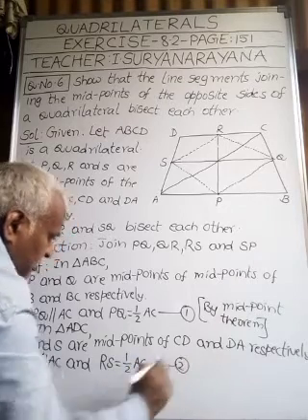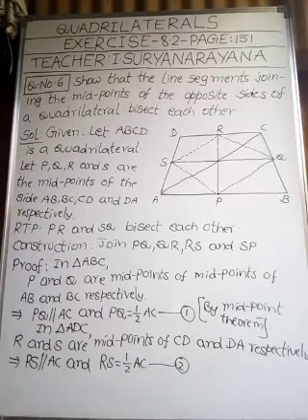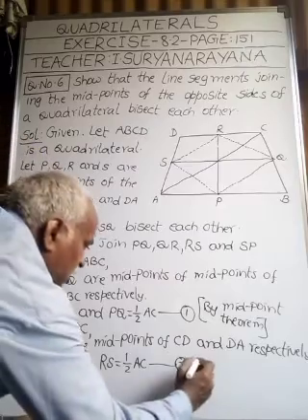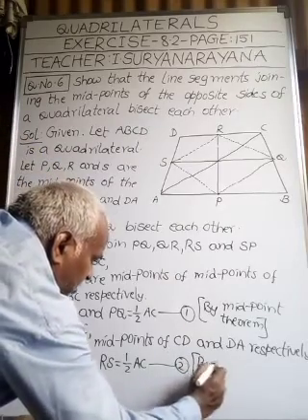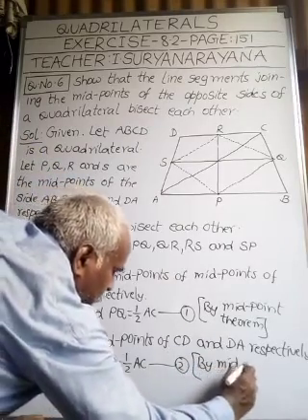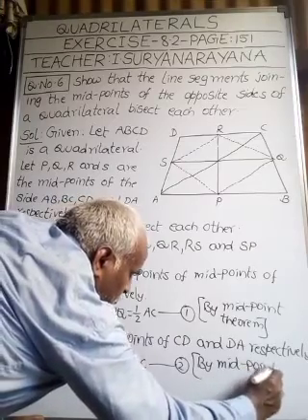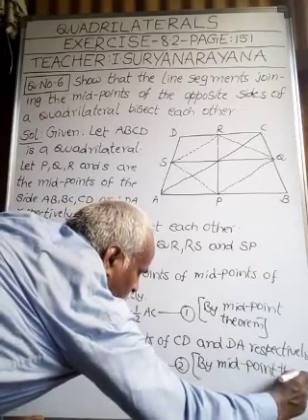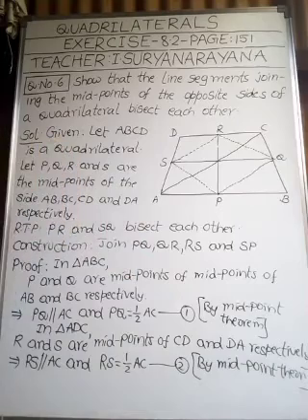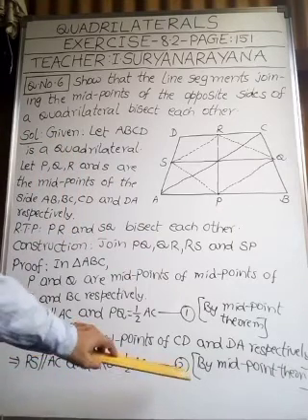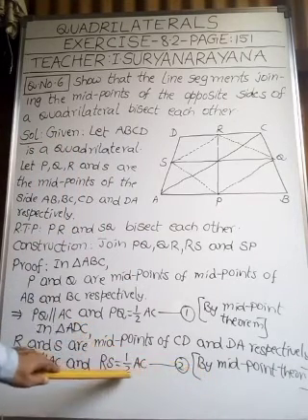Let us consider this is result 2. Okay, my children. This is also by using the concept of midpoint theorem. By applying the concept of midpoint theorem, we got this result.